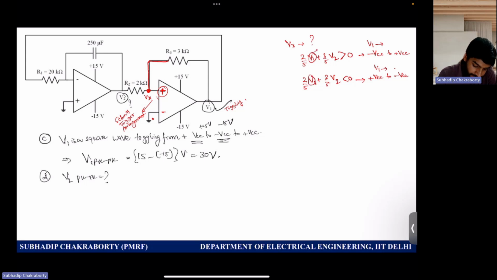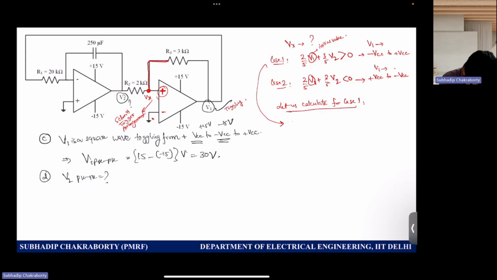Kindly be careful. So case 1 and this case 2. Let us calculate for case 1. So what can we write? 2 by 5 times, it is about to become positive, that is just greater than 0.